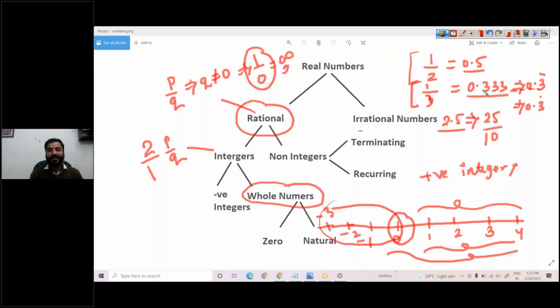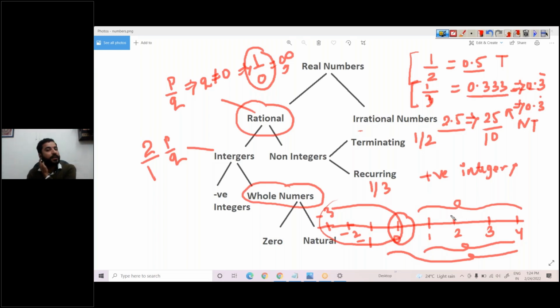So here the decimal does not end. That means it is non-terminating. I'm writing T for the terminating one and NT for this, non-terminating, right? Also, we can see 3 is repeating. That means it is non-terminating recurring. So we can write 1 by 2 for terminating, and for recurring, we can write 1 by 3. It is non-terminating and recurring, right?